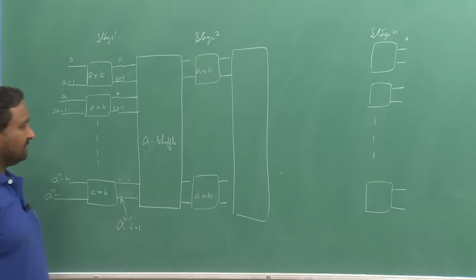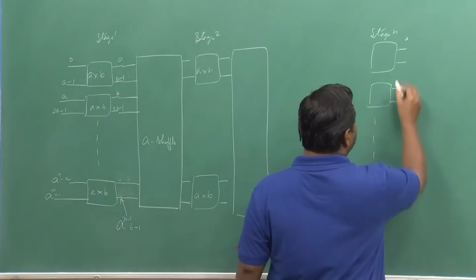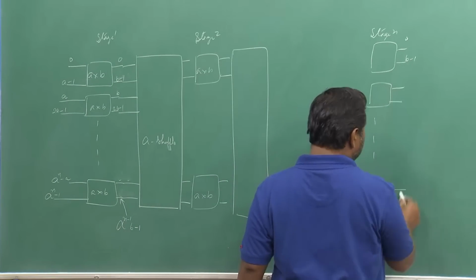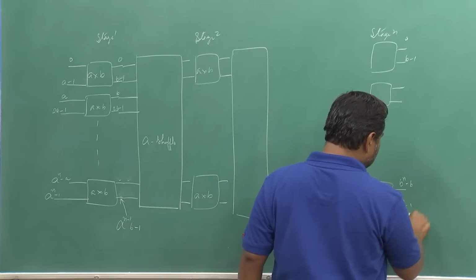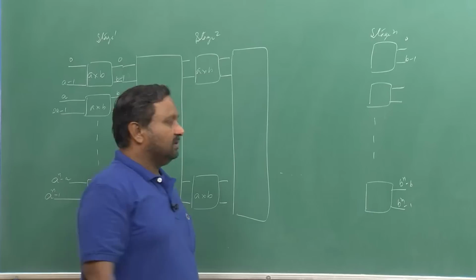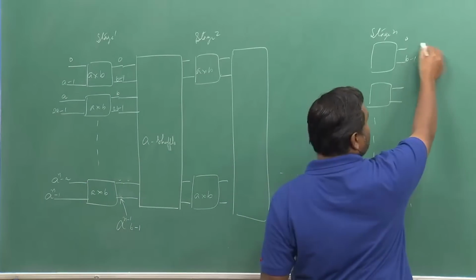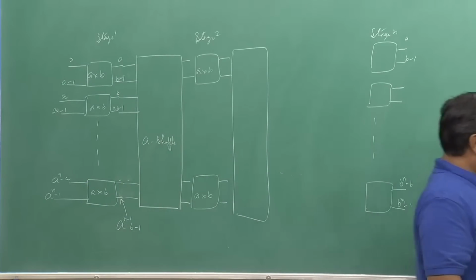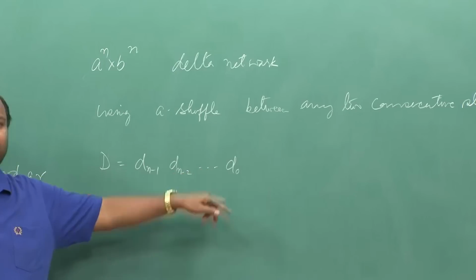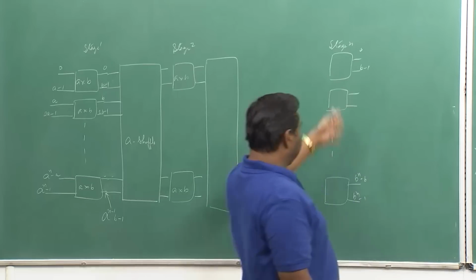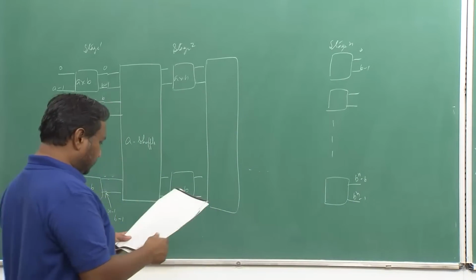Here you will actually have 0 to b minus 1, b raised power n minus b, b raised power n minus 1, and each one of these will now be represented by a n digit number. Each digit will be a base b digit which will be used as a destination address.